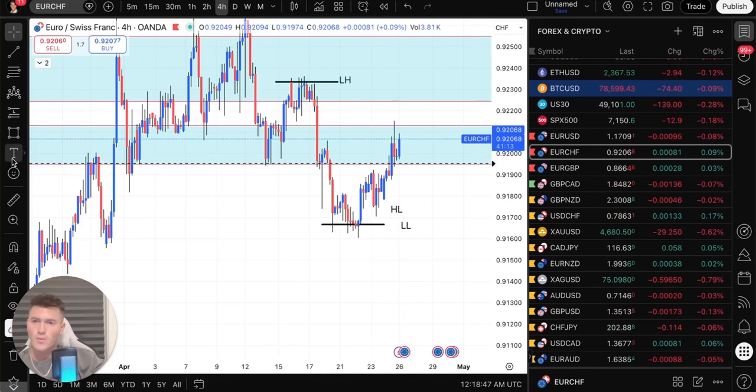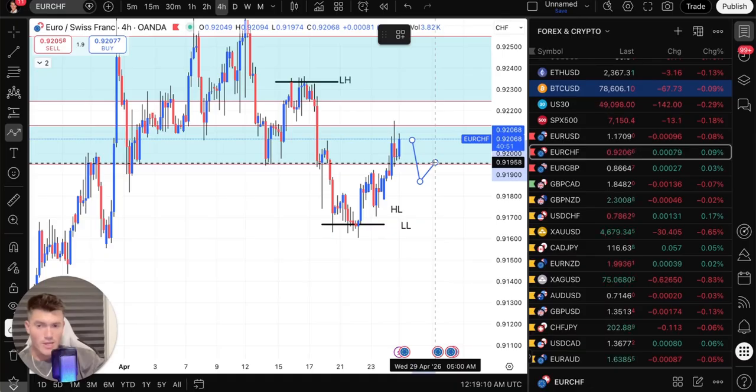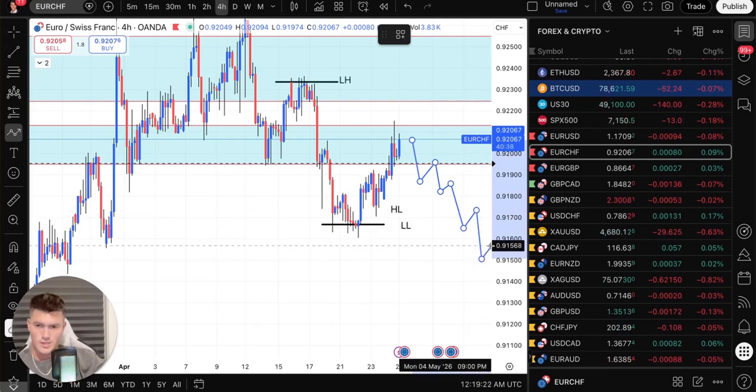So what I would wait for personally, I'm here in the 4-hour time frame, is I would wait for price to break below here, give me a red bearish engulfing candlestick here, close, give me a slight pullback, let me enter right here, or I can wait for double confirmation and wait for another bearish engulfing candlestick. And then you could enter here and then watch price continue to fall.